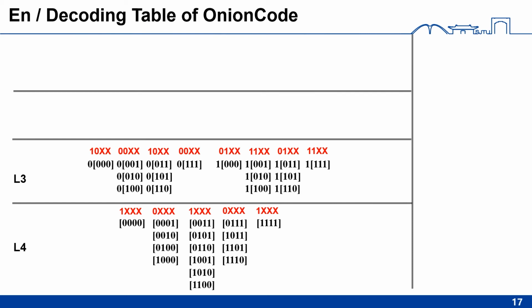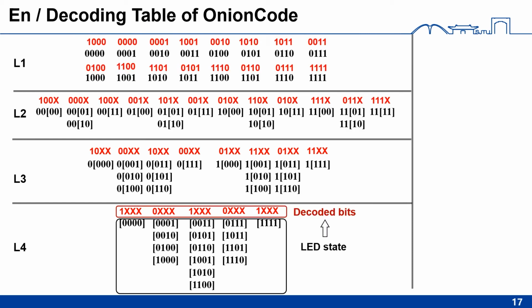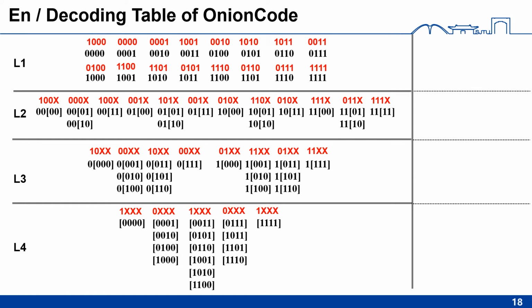From layer 4 to layer 1, we get the mapping of LED states to decoded bits for each layer, that is, the decoding tables of each layer. By reversing the decoding table of layer 1, we can get the encoding table of the transmitter. Here is an example. Assuming that the sender needs to send data bits 1100, the encoding table tells us the LED on/off states should be 1001.